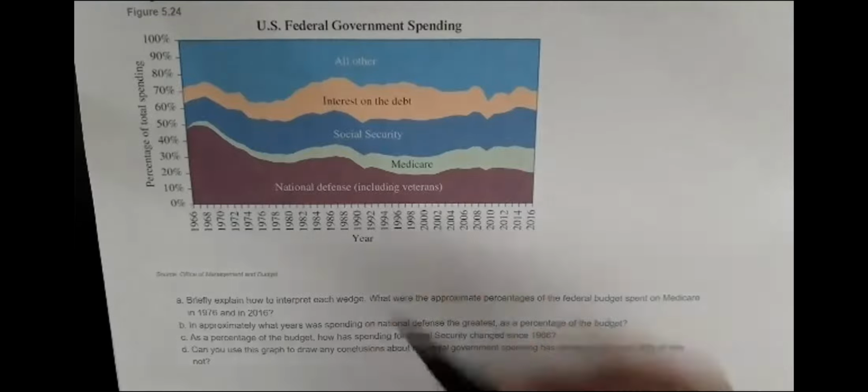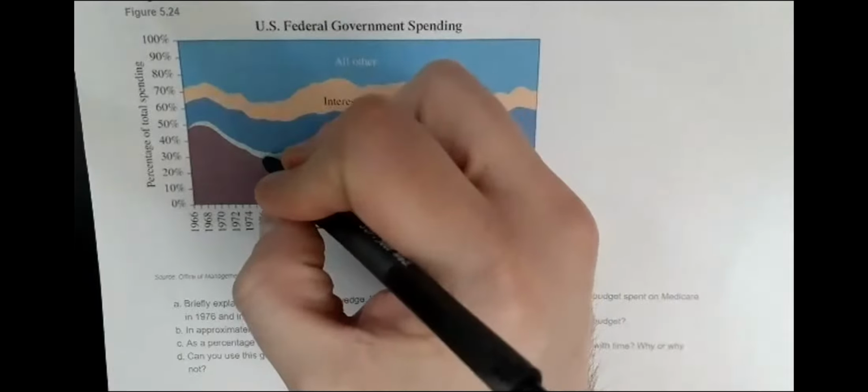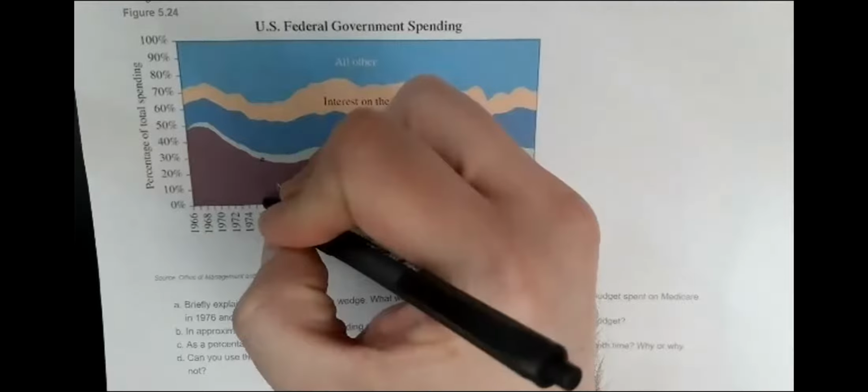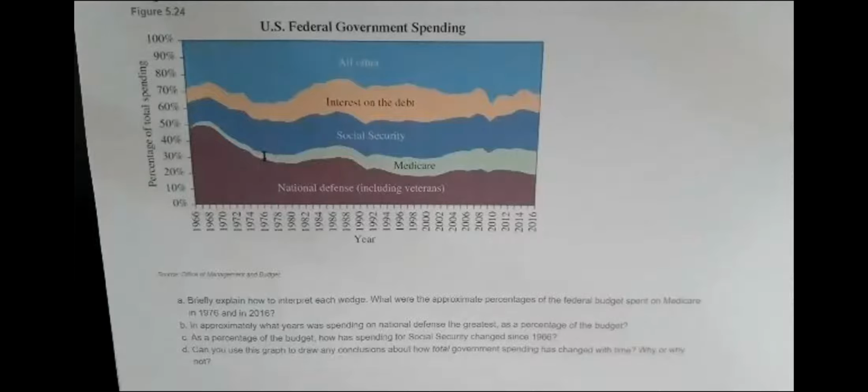If we're looking at 1976, what am I to determine? So we're looking at the thickness of it. You're looking at the thickness or the width. So what would you say there? It's not the easiest thing to read. So if that's what's throwing you off, don't freak out too much.